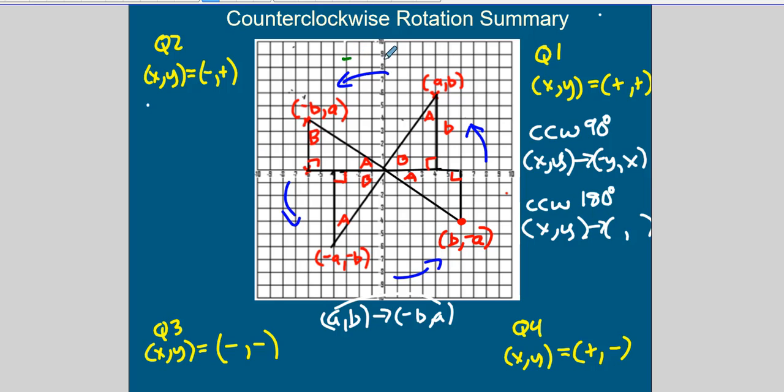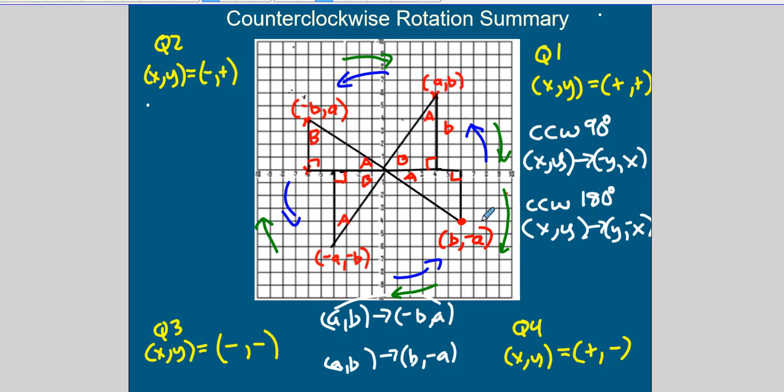Okay, so now if I go this way, things change a little bit. The coordinates don't change. But now let's say I go from A, B to B, negative A. Now notice that the x coordinate moves to the y position, and you take the negative of it, and the y coordinate moves to the x position.